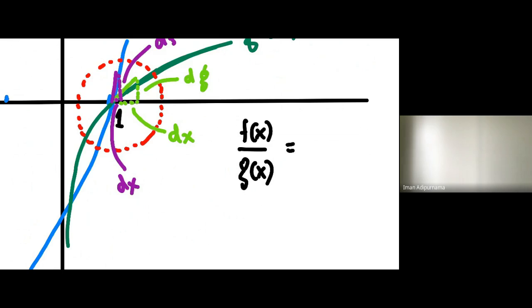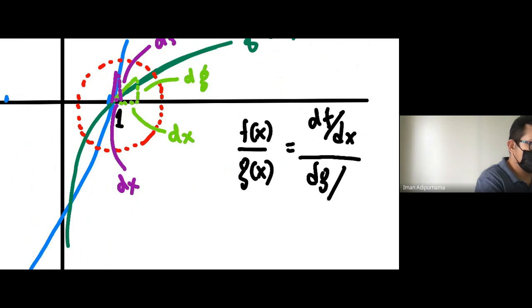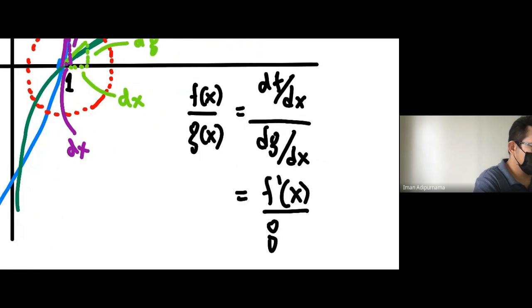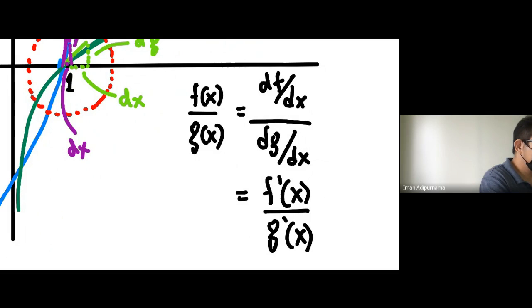So we can make sure that the ratio of f over g is the ratio of df over dx and dg over dx, and that's why this is actually f prime over g prime. But of course, this happens only when x is near 1.